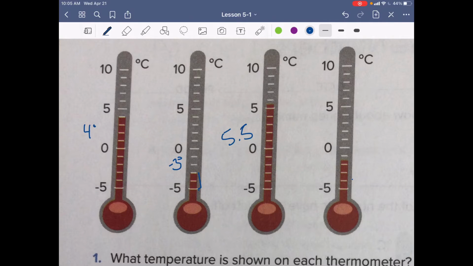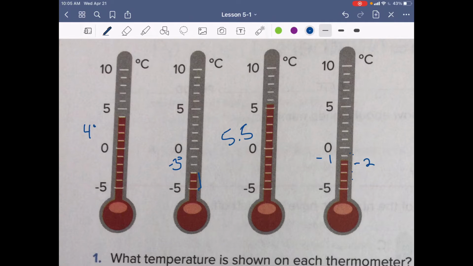So we would have -4, -3, -2 is this line right here. And this one over here would be -1. So it's halfway between -2 and -1. So it would be closer to the -1 because it hasn't gone down lower.